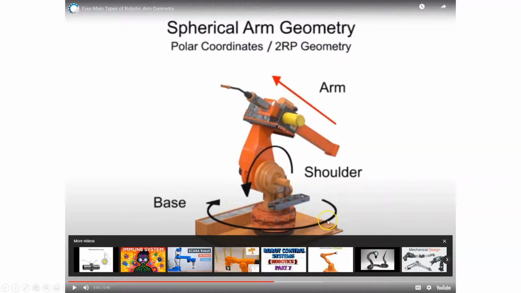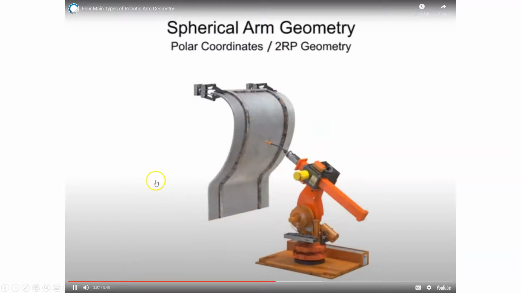We can rotate around the base, the shoulder can rotate, but the arm can only go in and out. So it doesn't have as many degrees of freedom as a 5-axis robot. That's why all of these are examples of robots tending more towards the fixed automation realm. All right.